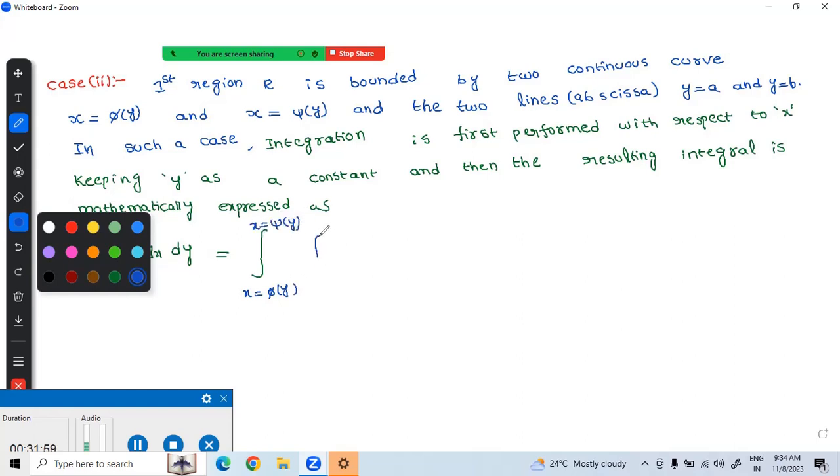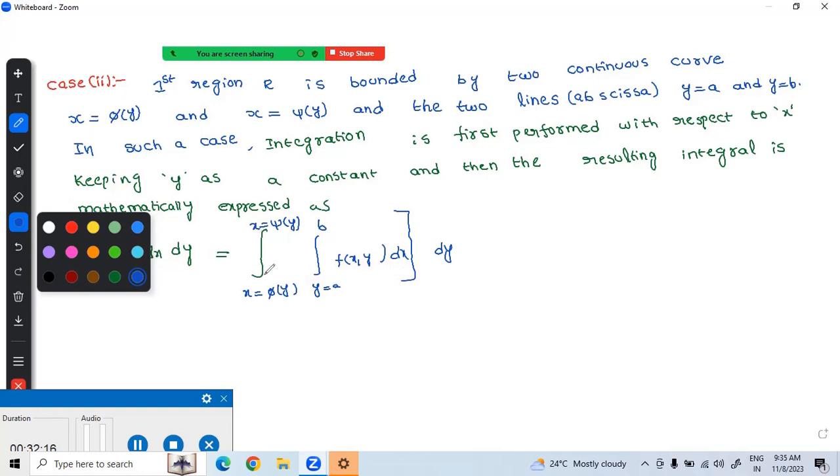Next consider y equal to a and b, f of x comma y dx. First perform dx and next perform dy.